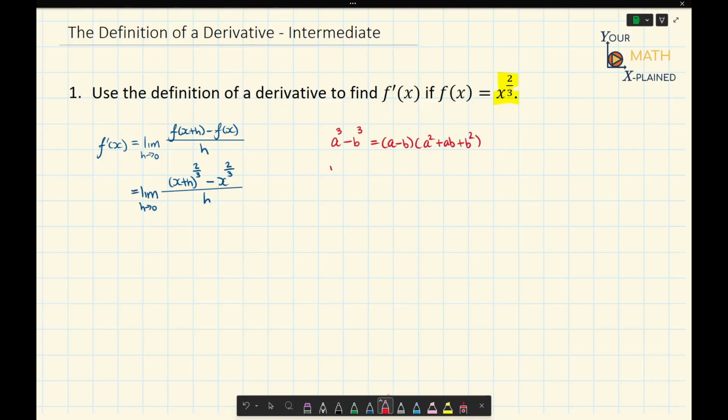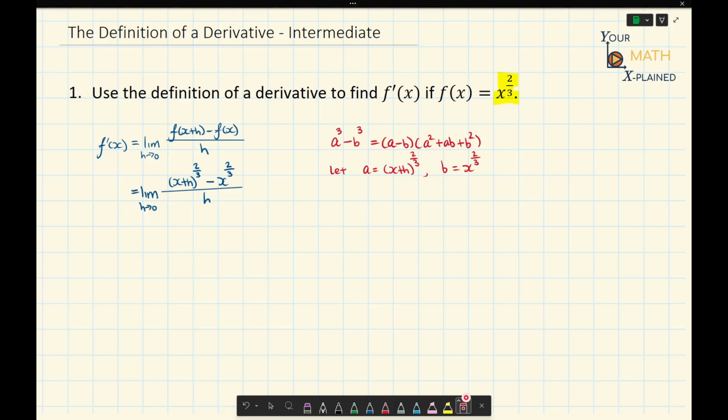And then we're going to let a be equal to x plus h to the power of 2 over 3. And then we're going to let b be equal to x to the power of 2 over 3.